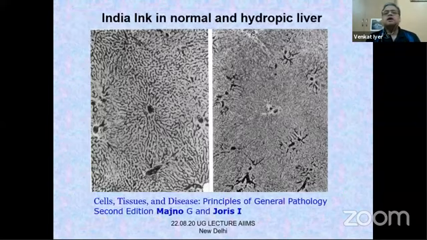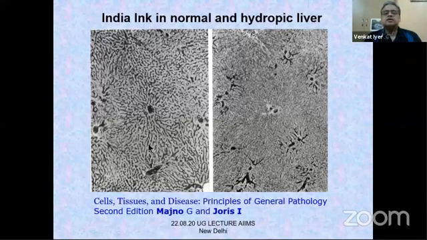Last time we saw how there is hydropic degeneration or cloudy swelling because of cell injury. That means because the cell is injured, there is no sodium potassium ATPase, and so the cell swells up. Swollen cells can affect function, as you can see in this normal liver. If you normally inject India ink, it comes to the portal tracts, flows into the central vein and goes out.